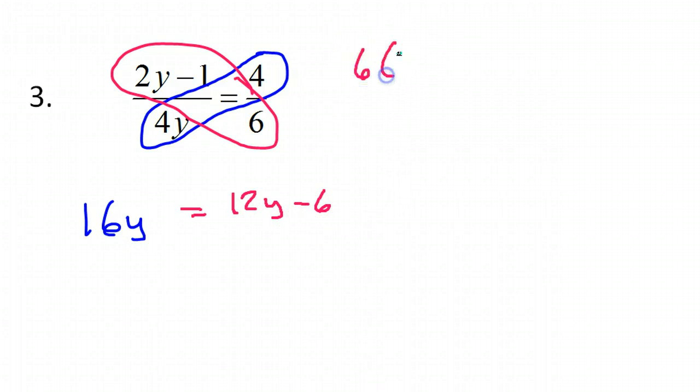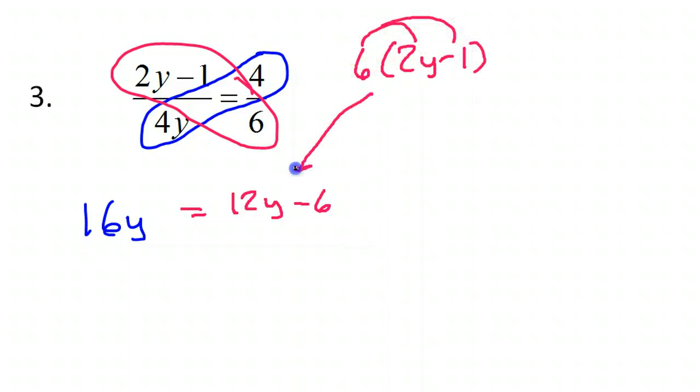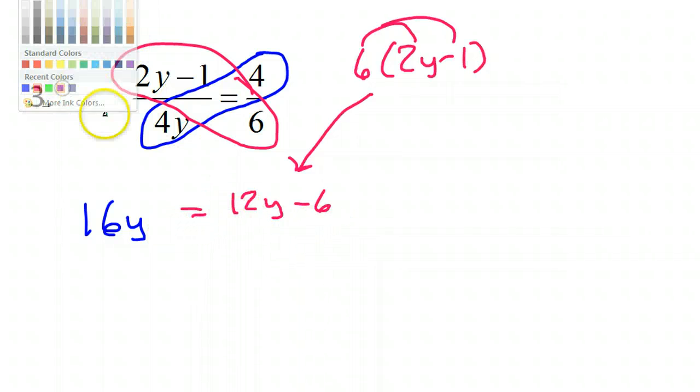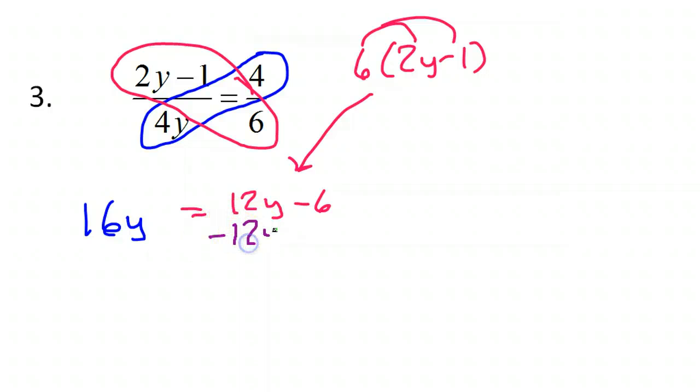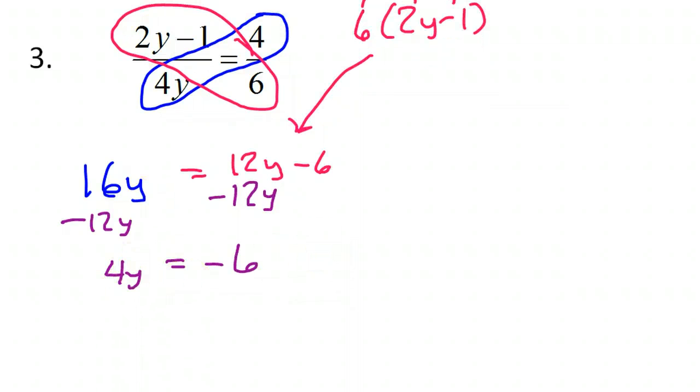And again, I'm just doing 6 times 2y minus 1, and I'm doing the distributive property. Alright, to solve this, I need to subtract 12y from both sides. So that's going to give me 4y is equal to -6. Last, I need to divide both sides by 4.